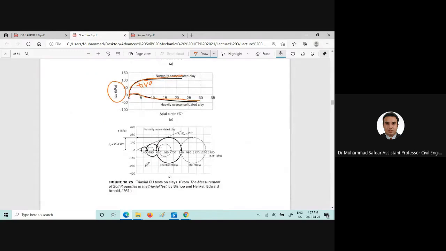Similarly, if you apply sigma 3 and consolidate the specimen of normally consolidated clay, you will see the stress strain behavior or the pore water pressure behavior something like this, because it will give us positive pore water pressure. We can draw more circles in terms of the effective stresses and the total stresses, and then we can get the required shear strength parameters related to the peak strength or the critical state strength.